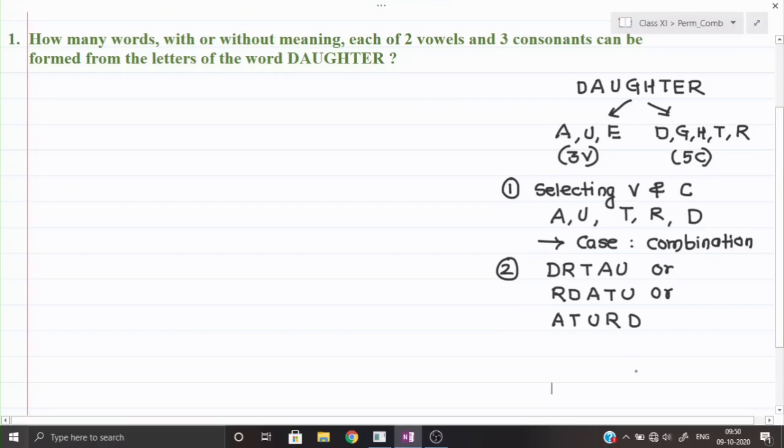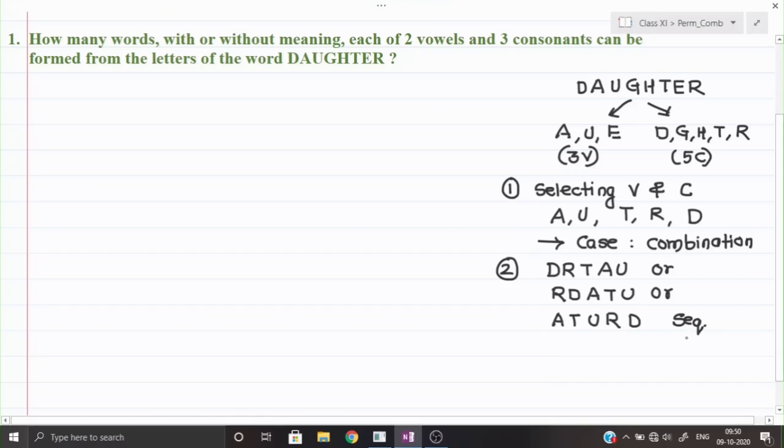Definitely they are different, because if the sequence changes, the word also changes. If you change the letters of your name, your name will look different. So here sequence matters.